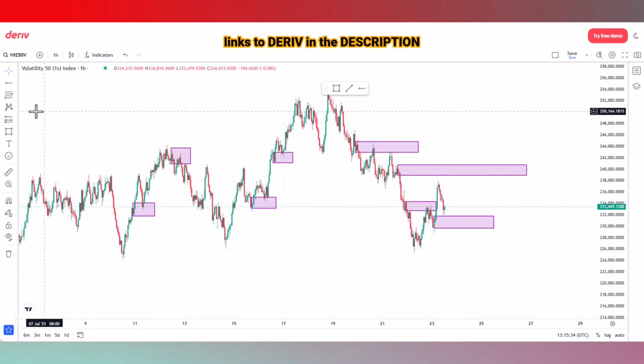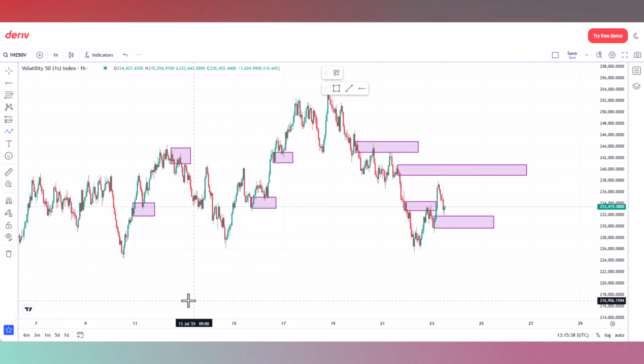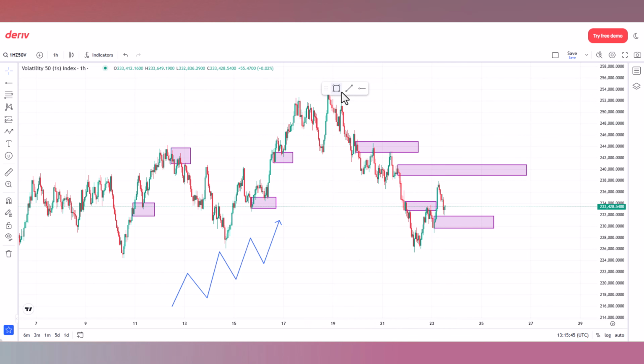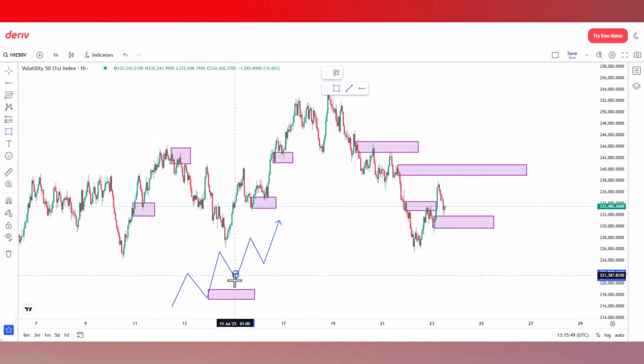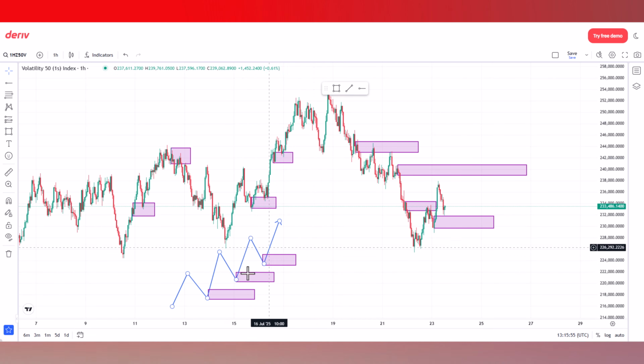So from the onset, what we need to do is simple. We need to understand that when price is moving up like this, we are looking for what? We are looking for order blocks. The order blocks that we are looking for are areas where we are having an aggressive move that breaks structure. Then the last opposite candle before that aggressive move is what we are going to mark as our order block, or as our demand or supply, depending on the trend that we are looking at.